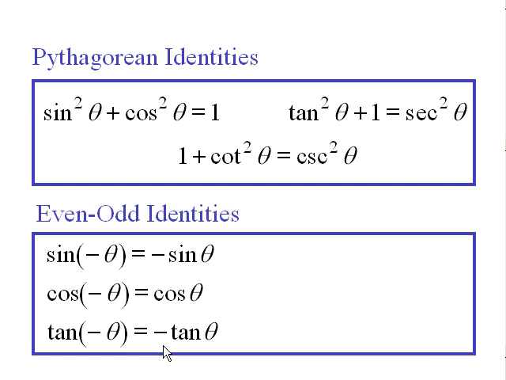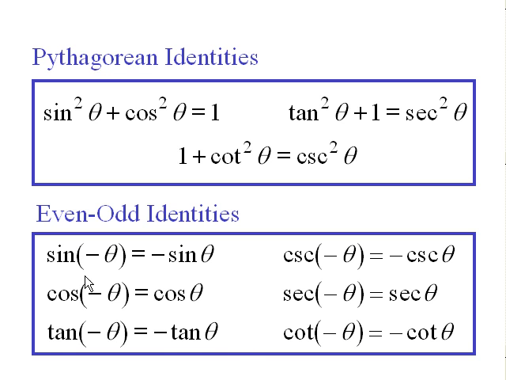And tangent is also an odd function. So from those three identities, we've got three reciprocal identities. Reciprocal of sine is cosecant. Reciprocal of cosine is secant. Reciprocal of tangent is cotangent. So those three are the fact about symmetry of one of those trig functions gives information about symmetry of the reciprocal function.